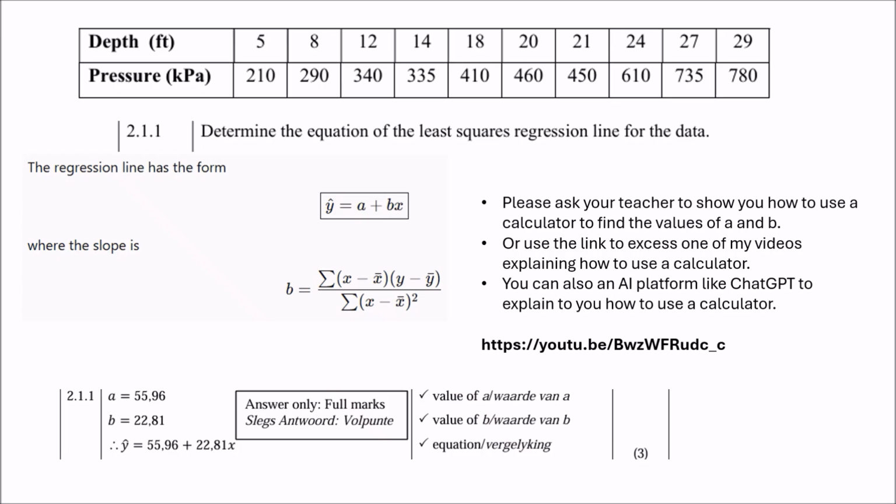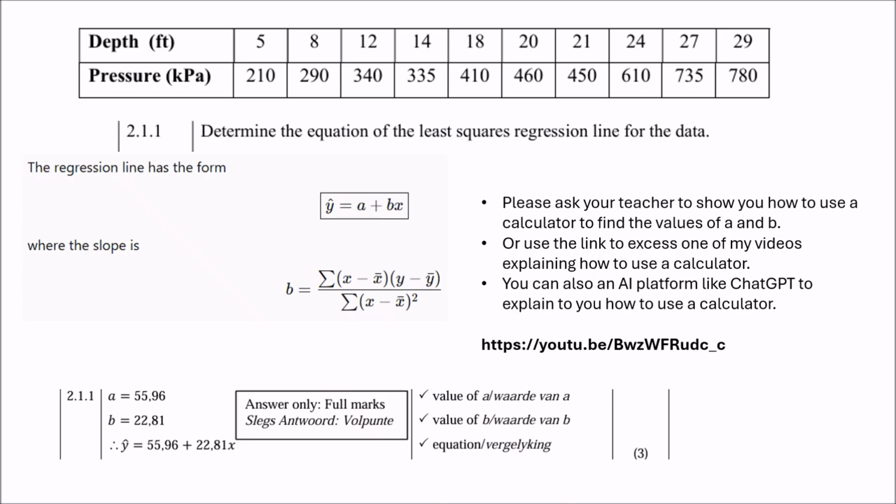Or of course, you can also use AI platforms like ChatGPT to explain to you how to use a calculator to find the least square regression line. However, once you've done that, then the answers will be small letter a is 55.96, small letter b is 22.81, so therefore the answer will then be y equals 55.96 plus 22.81x.